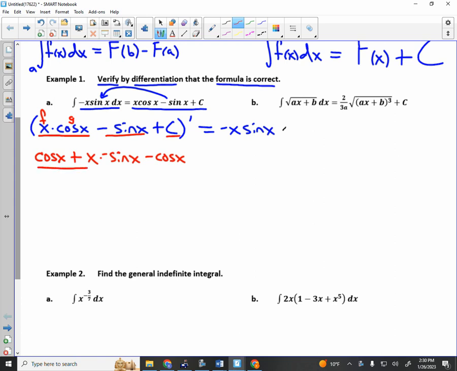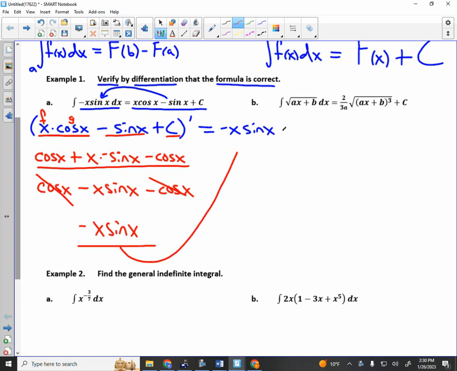So you can see from this expression that I have positive cosine of x, I have a minus x sine of x, I have a minus cosine of x. Positive cosine and negative cosine will cancel, and I get negative x sine of x. That is the antiderivative. I'm sorry, that's the derivative of that, which matches here. So we verify by differentiation that's correct.